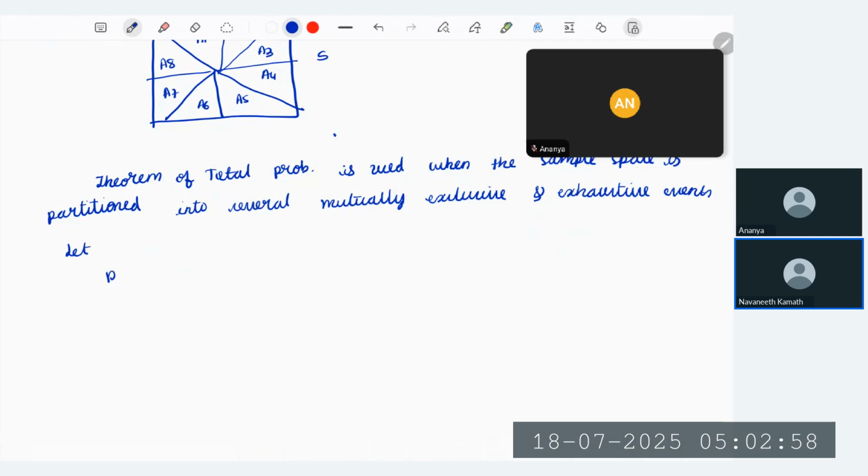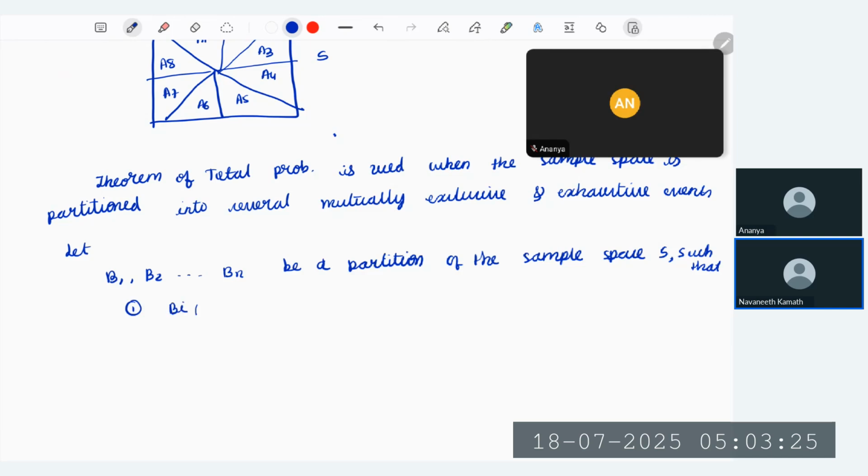Let B1, B2 till Bn be a partition of the sample space such that for any two events Bi and Bj, the common thing between them is a null set.